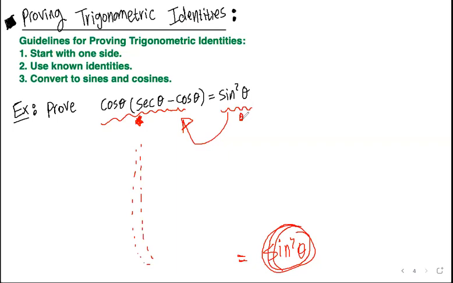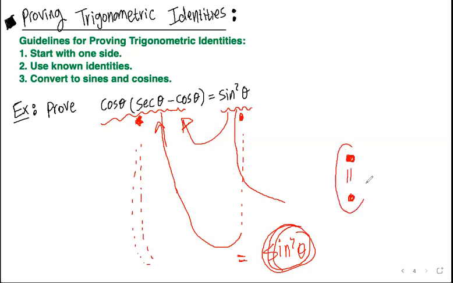Or I start from this side, simplify it, and arrive in the end at this expression, which means I proved the expression. Or there is another way: hold one side and arrive at a point, simplify the other side, and if this point and this point are equal, then we proved the expression.